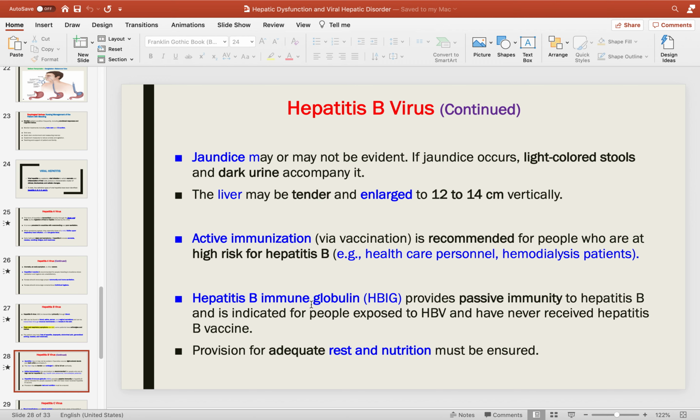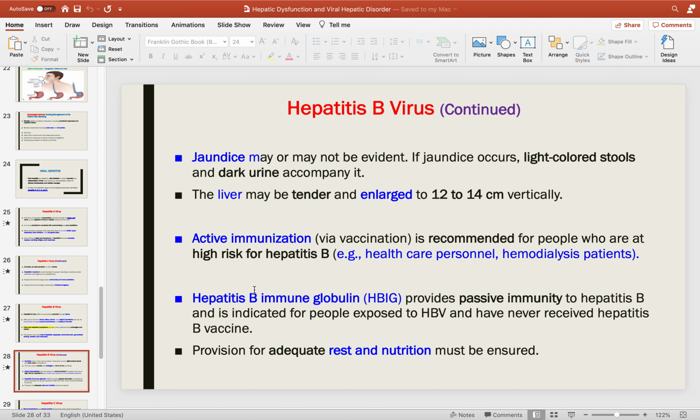Hepatitis B immunoglobulin may provide passive immunity to the patient, and is indicated for people exposed to the hepatitis B virus who have never received the hepatitis B vaccine. Provision for adequate rest and nutrition must be ensured, so the patient may need rest and nutritional support when he gets hepatitis B virus.